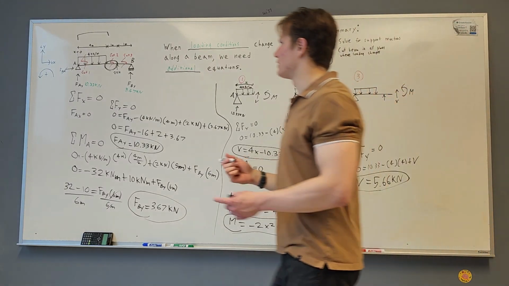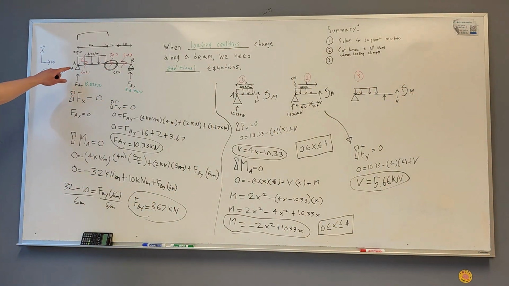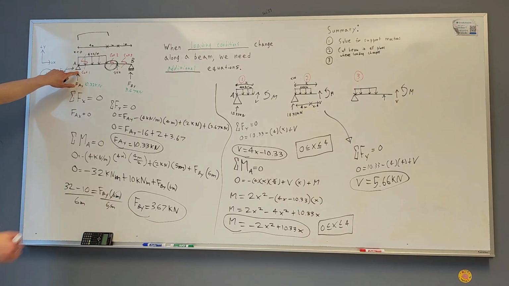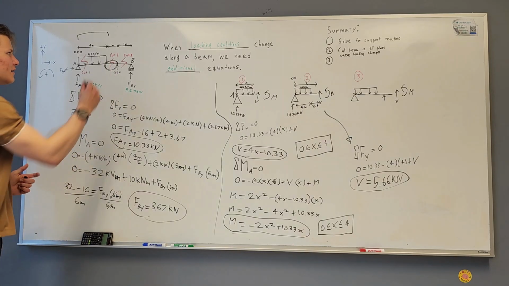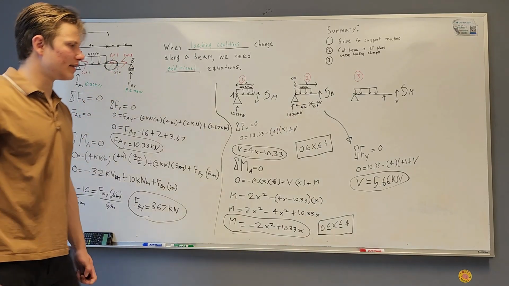So just like we did over here. We start from the left side. Well, UDL is added onto our structure, so we cut in here. The UDL goes away, which means the loading conditions change, and we have another cut. And then this point load changes the loading conditions again for our third and final cut.